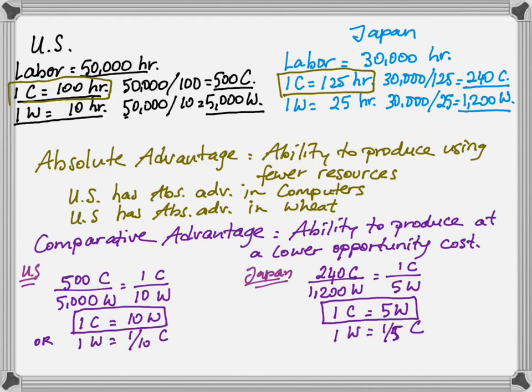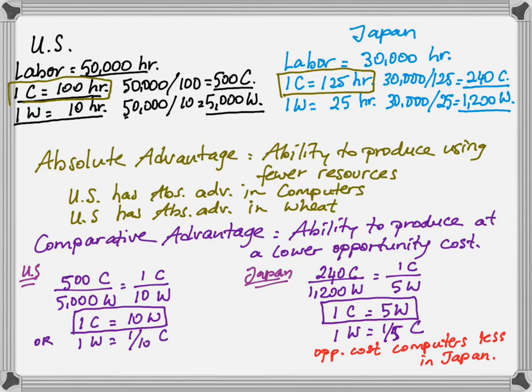It looks like producing computers is cheaper in terms of wheat in Japan. So let's put that here. The opportunity cost of producing computers is less in Japan. So Japan should specialize in the production of computers and produce more computers and export computers to other countries.